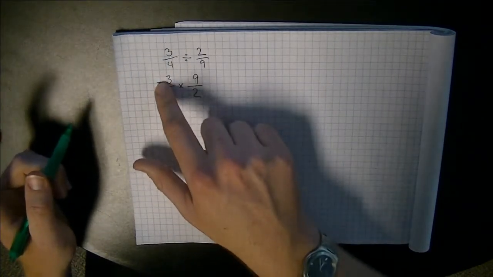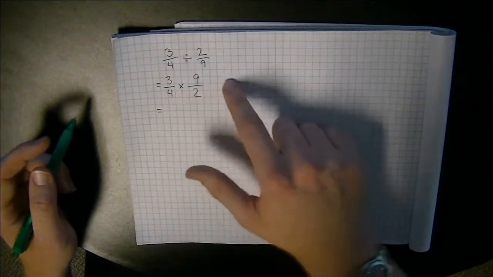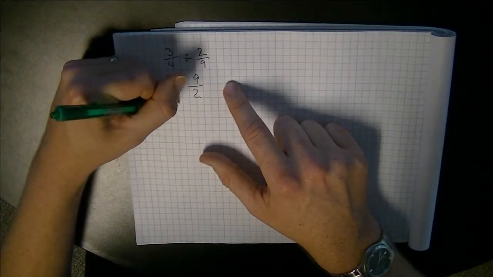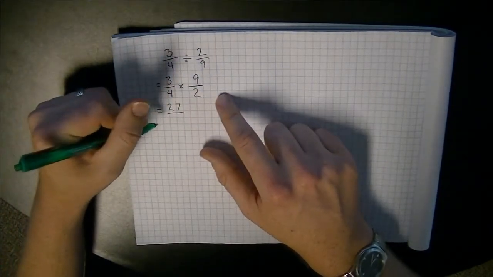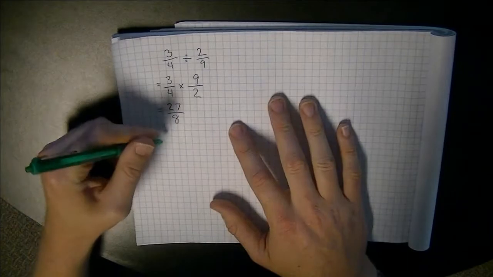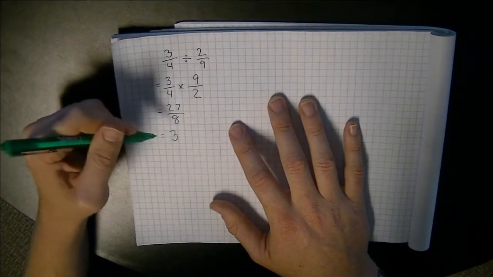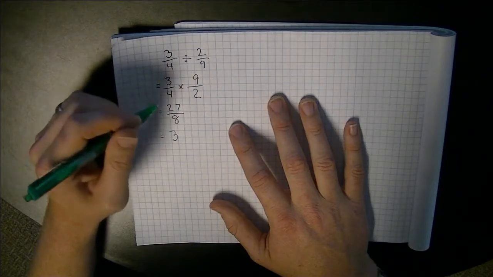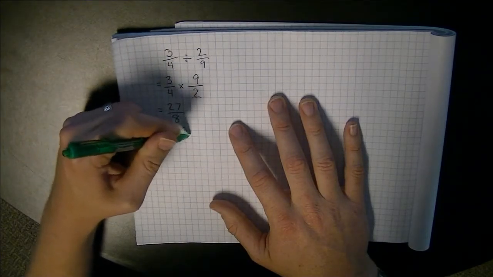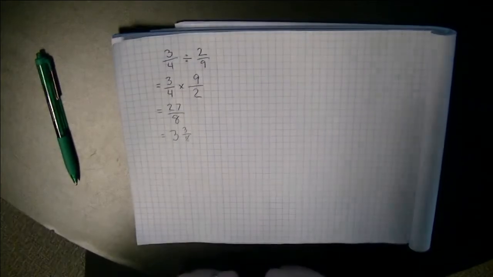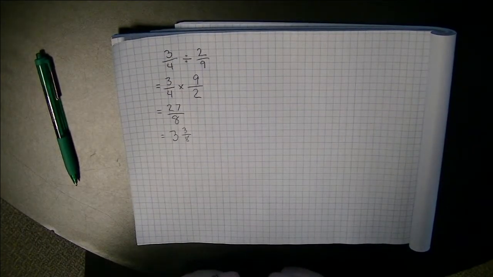So instead we just multiply straight across. 3 times 9 is 27, and 4 times 2 is 8. And so we're left with 3 and 3/8, if I'm not mistaken with my division in my head there. All right.